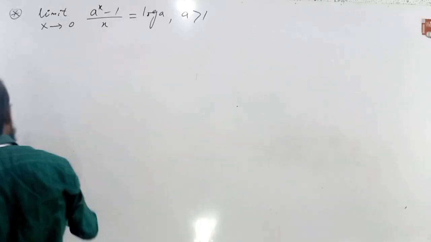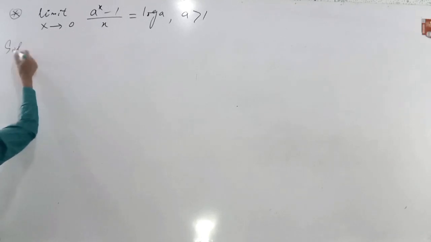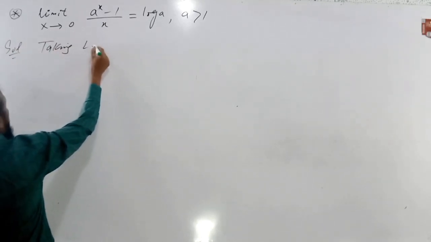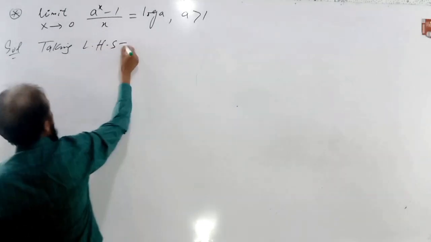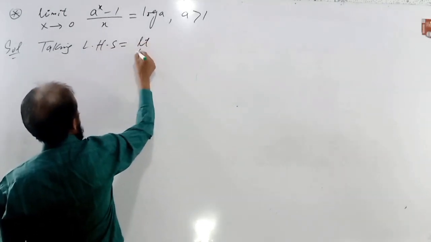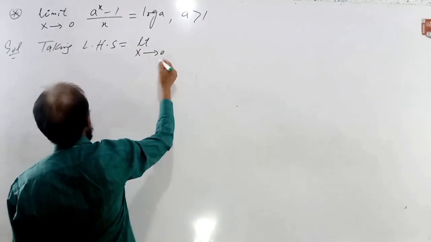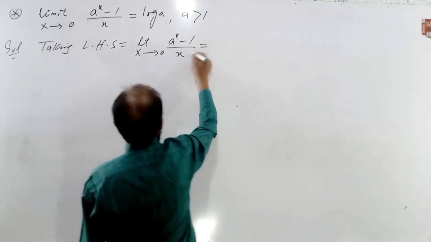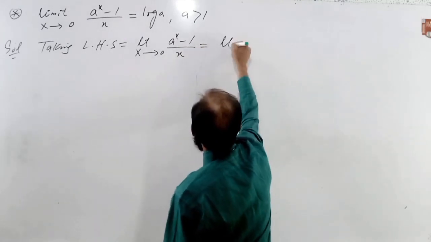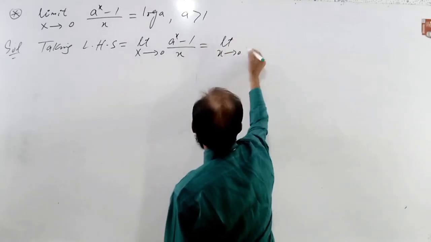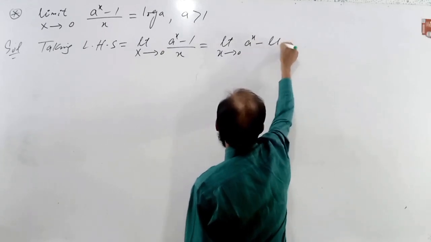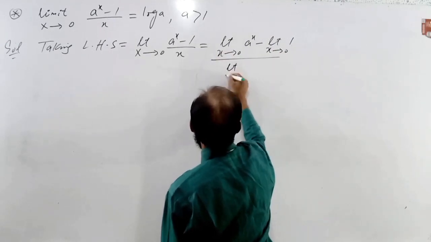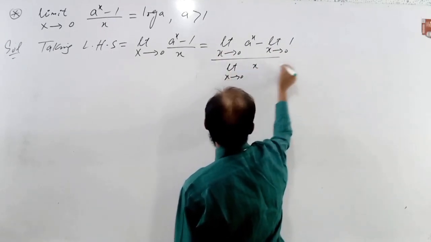Now taking the left hand side, limit extends to 0, a power x minus 1 divided by x. If we apply the limit extends to 0, a power x minus 1 divided by limit extends to 0 x.